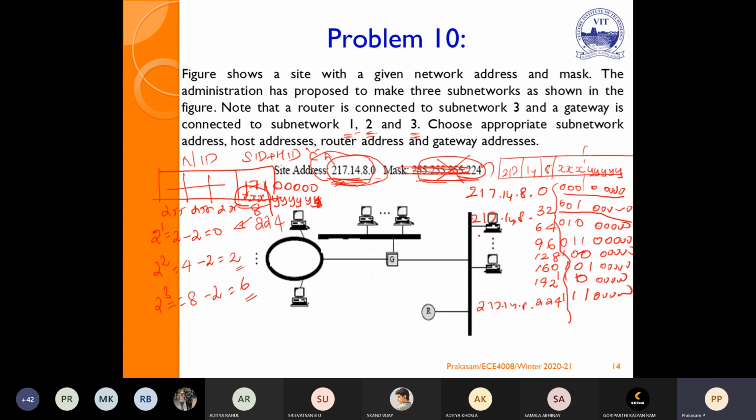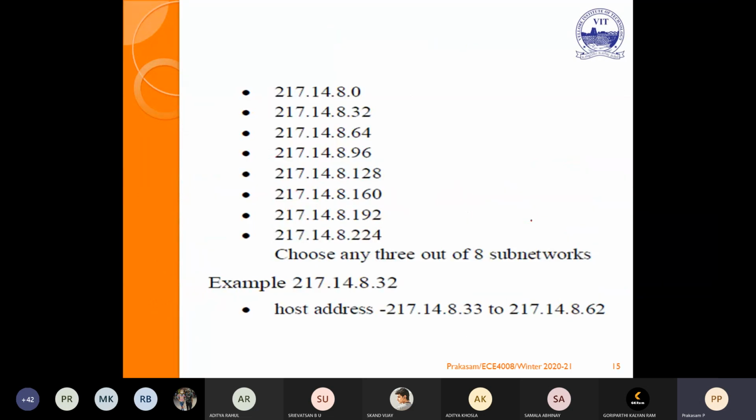Out of this, the first is used to represent the network and the last is used to represent the broadcast. So out of these 6, .32, .64, .96, .128, .160, .192, you can use any 3 subnet addresses, because I need only 3, but I can provide a maximum of 6.